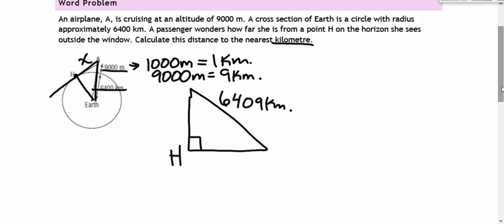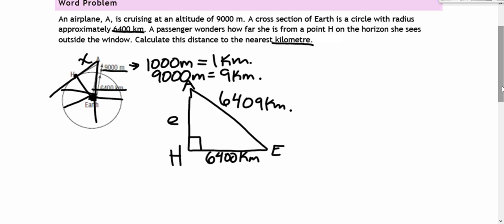HE, the point of the horizon to the Earth, is 6,400 kilometers, and that is because it says that our radius is approximately 6,400 kilometers. Any point from the origin, the O, the center, drawn out, will create the radius because it's directly in the center. We should know that. We have little e here and a for the airplane.